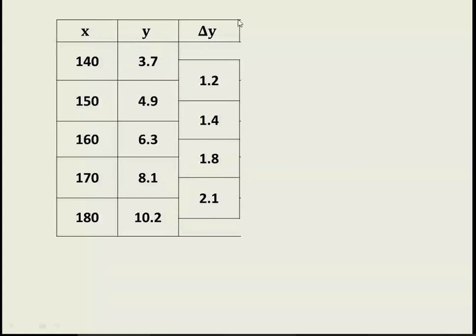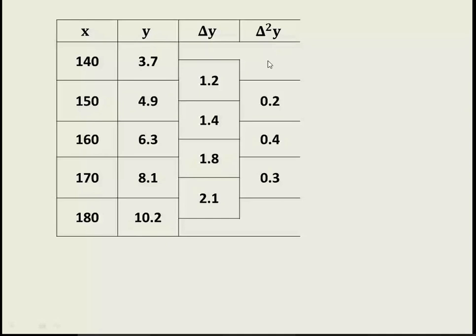Okay, these are the values of delta y. These are the first forward differences. In the same way, we can find the second forward differences. Take the subtraction of these first forward differences, and that gives us delta square y, the second forward differences: 1.4 minus 1.2, 1.8 minus 1.4, 2.1 minus 1.8. If we take the difference between these values, it gives us the third difference, delta cube.